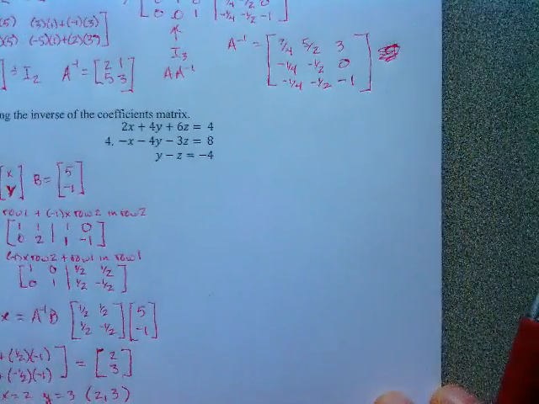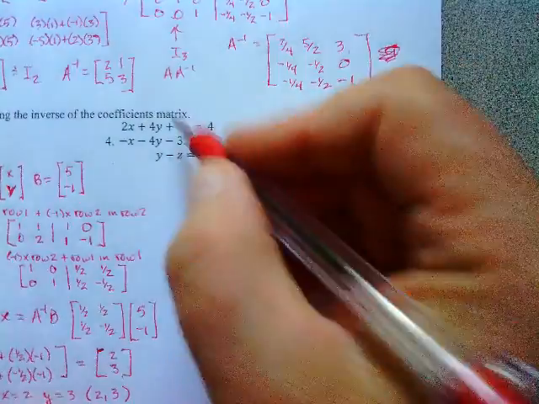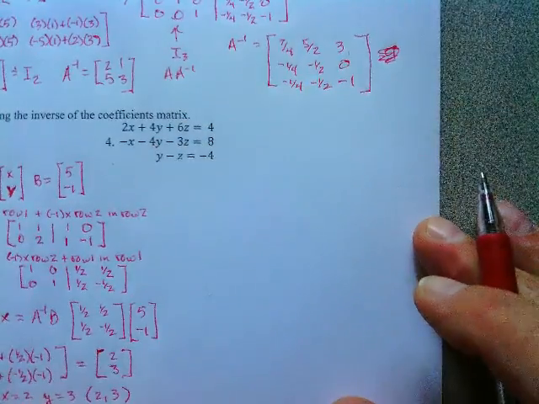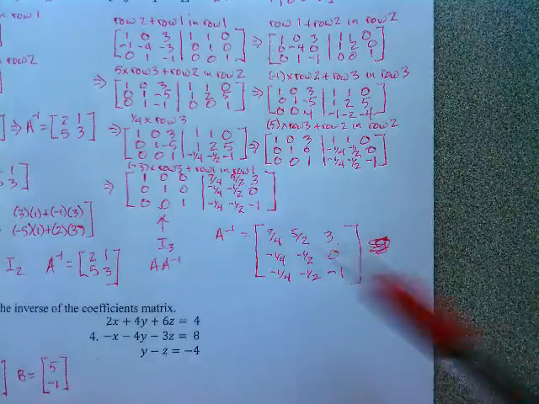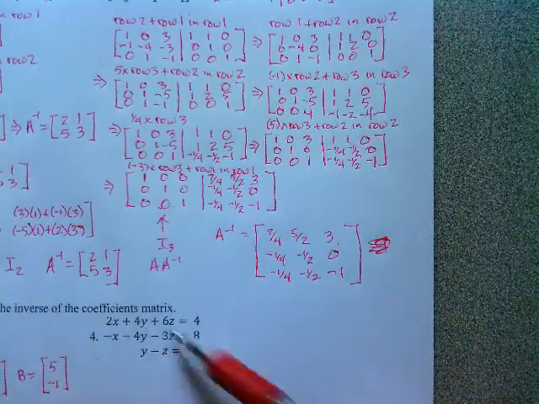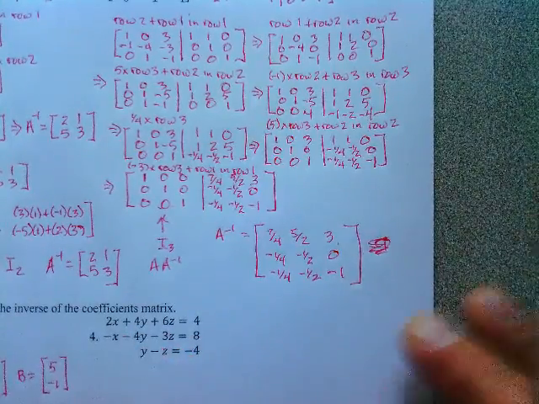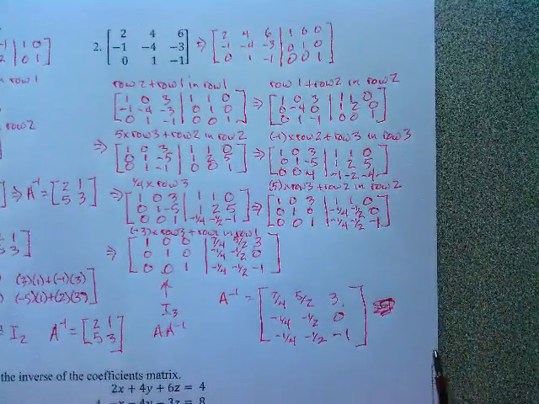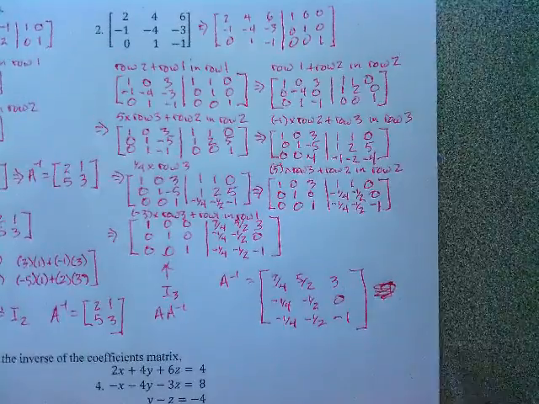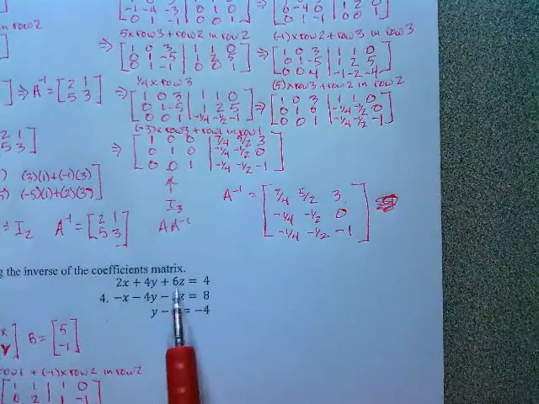All right, one more case. Now, in this particular problem, if you look all the way back up at the beginning, you'll see that, in fact, the coefficients match what we had up here. So, if you look at the first part, 2, 4, 6, there's my 2, 4, 6.